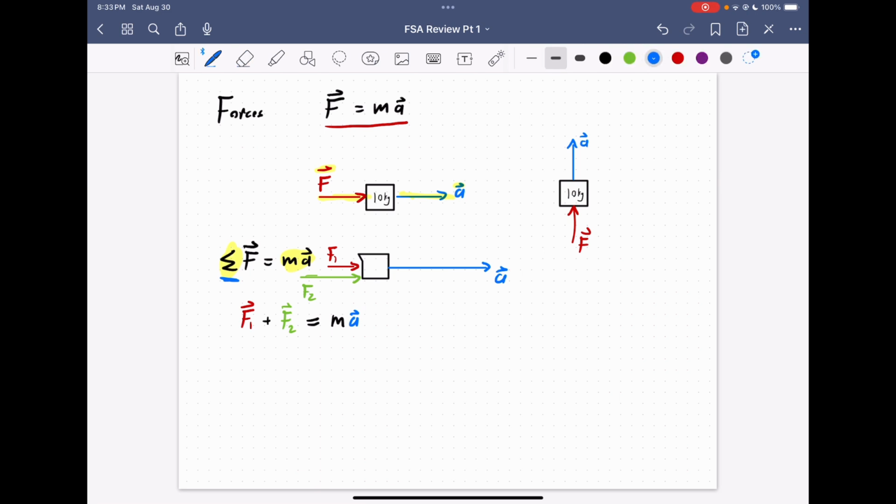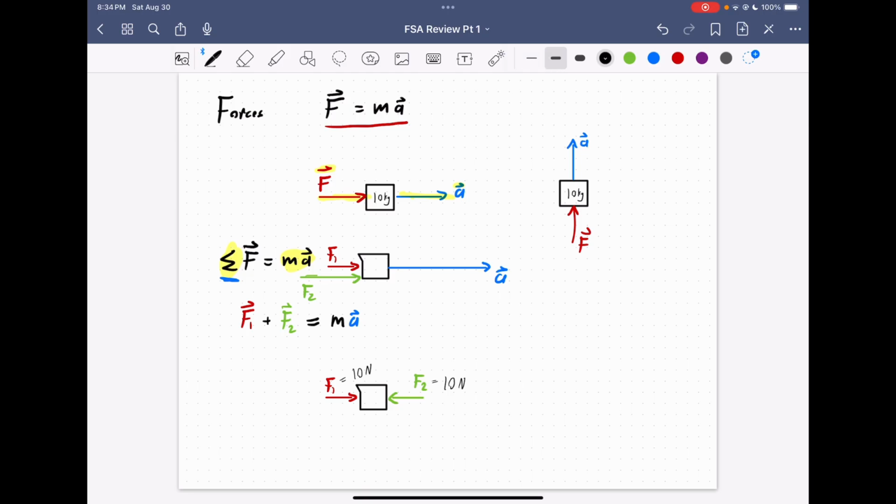And this example also works the other way, whereas if we have the same box, we bring it down here, but this time we're going to say a new force, F2, opposed on the opposite side. And we can say those forces are equal. So this can equal 10 newtons, and this can equal 10 newtons.